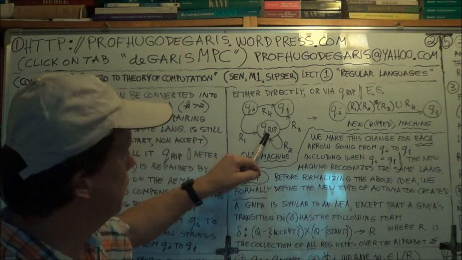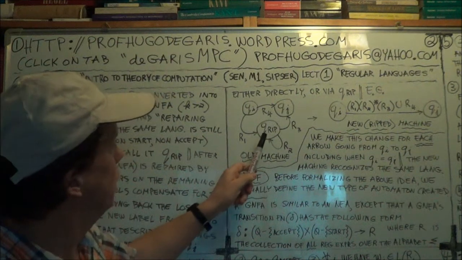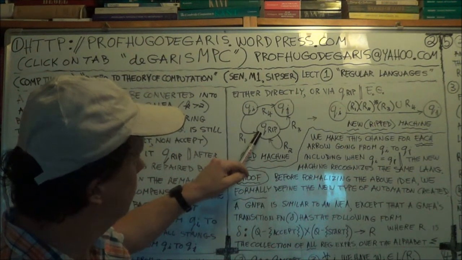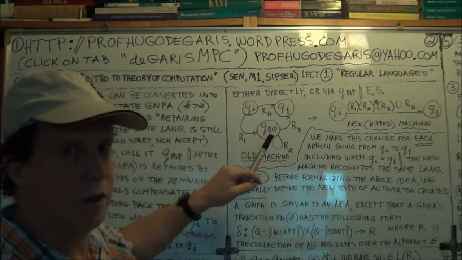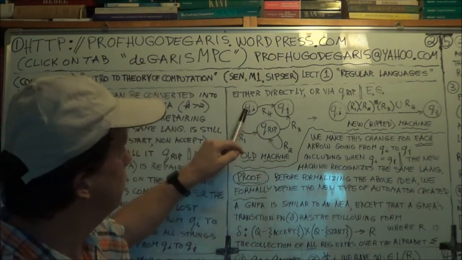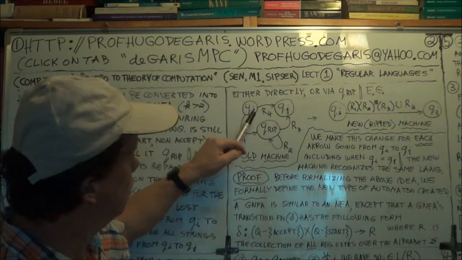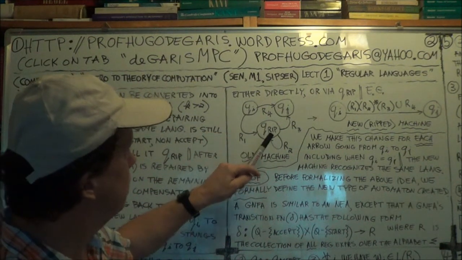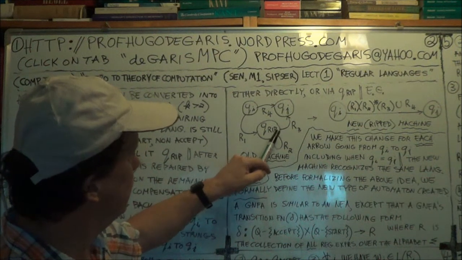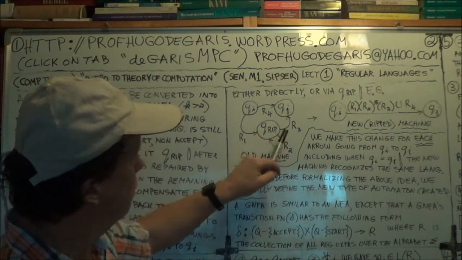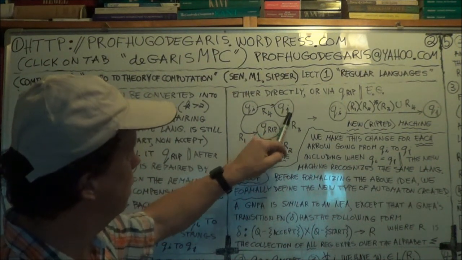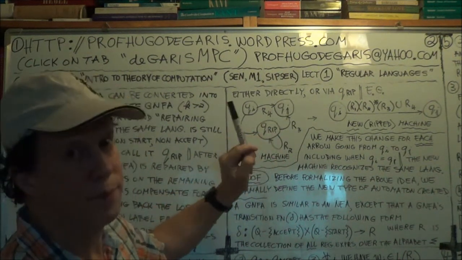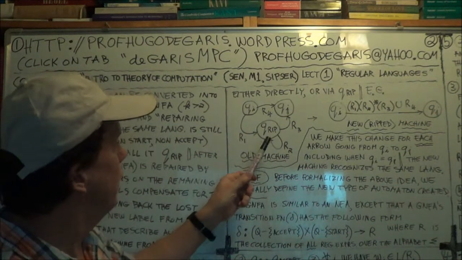So let's look at the state that we're going to tear out. It will have a connection arrow to it from general state Q i. And it will have an output arrow to general state Q j, and you could have i and j being the same, in all cases.